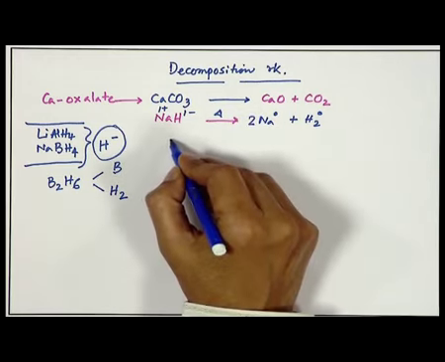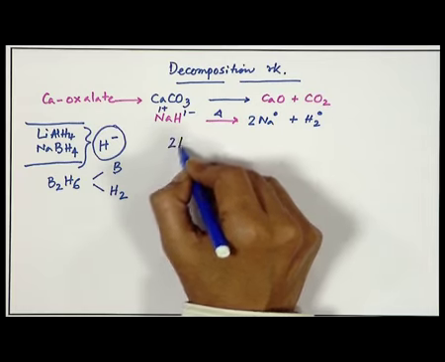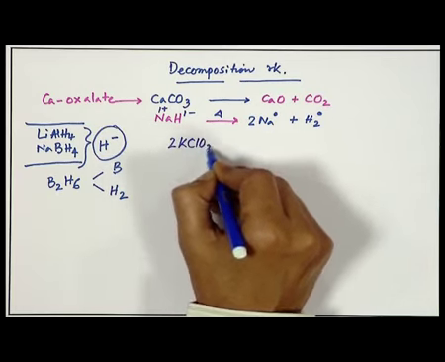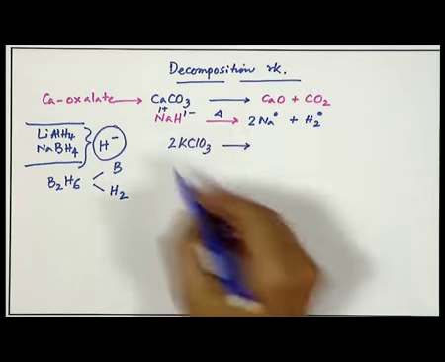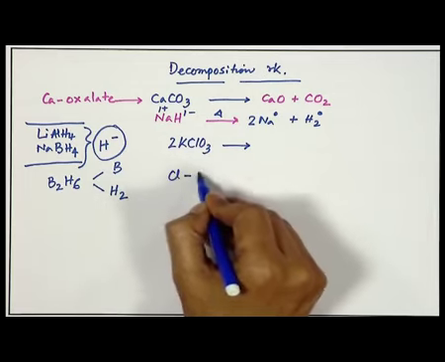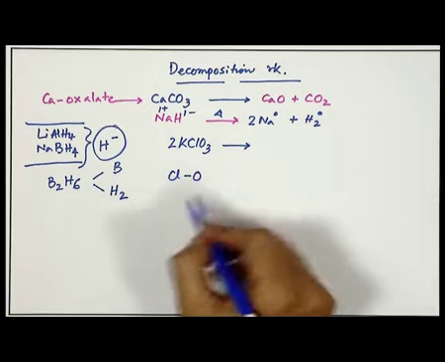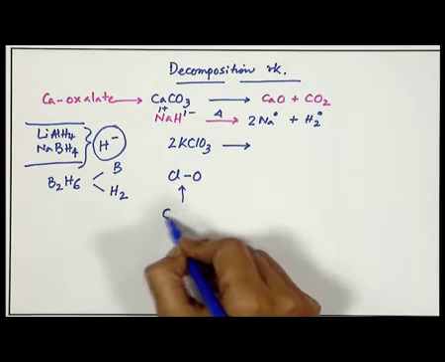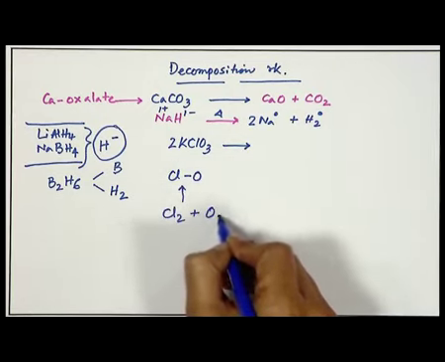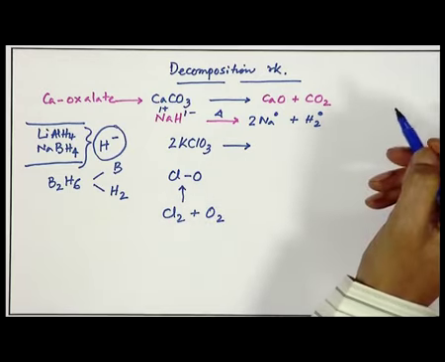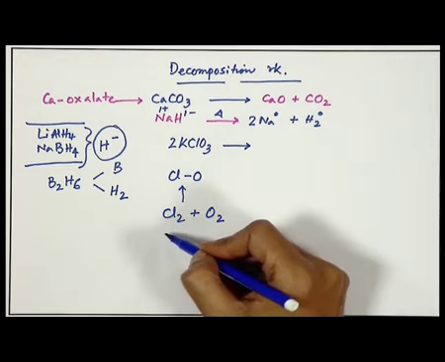And another interesting example of this is the corresponding decomposition of calcium chlorate, because these are the compounds where we can have one or more chlorine oxygen bonds. So, these are also very important in terms of the formation of Cl2 with O2 in the chemistry of halogens or the chemistry of these chlorides.